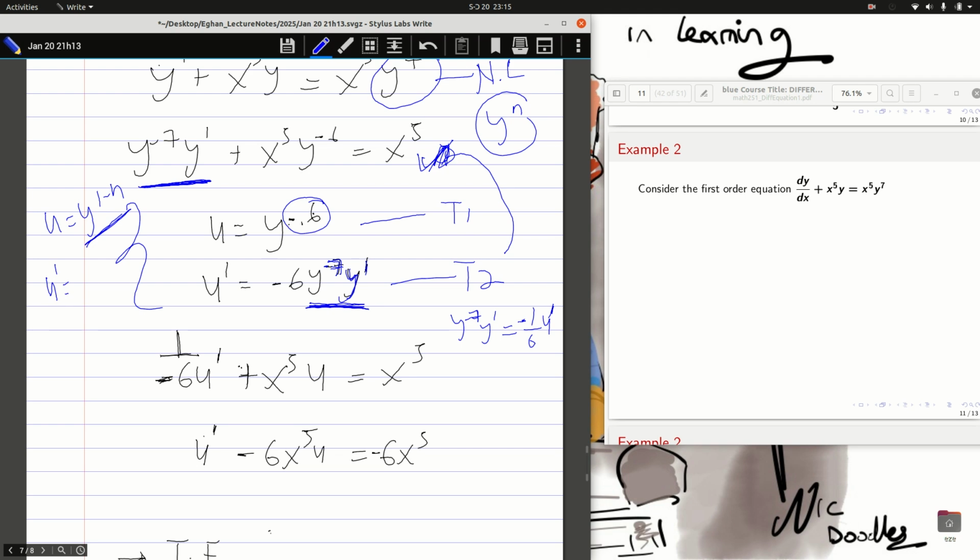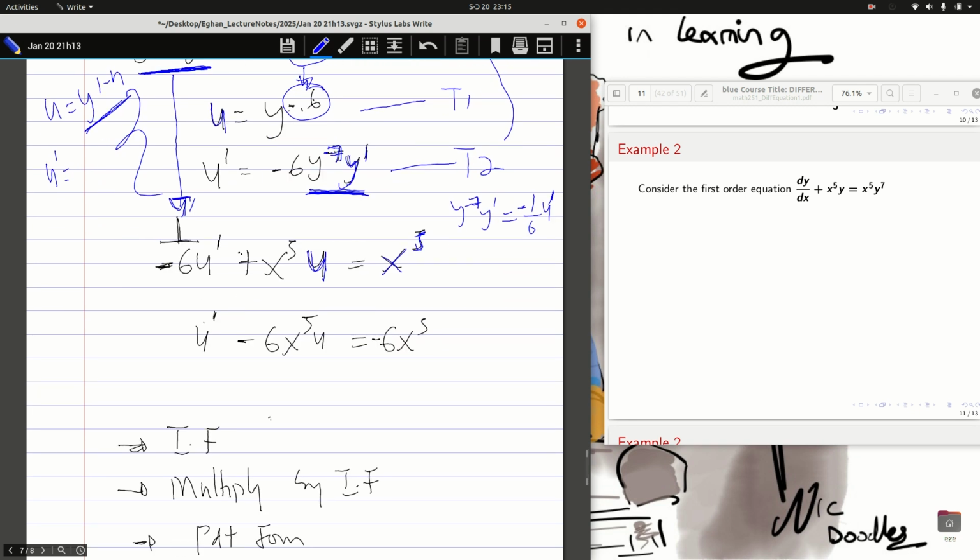So this guy now becomes -1/6 u prime plus x to the power 5 y to the power -6, which is simply u. It is from t1, so that is what I have. This y to the power -6 here is what I have here, which is the u, and I maintain my x to the power 5.